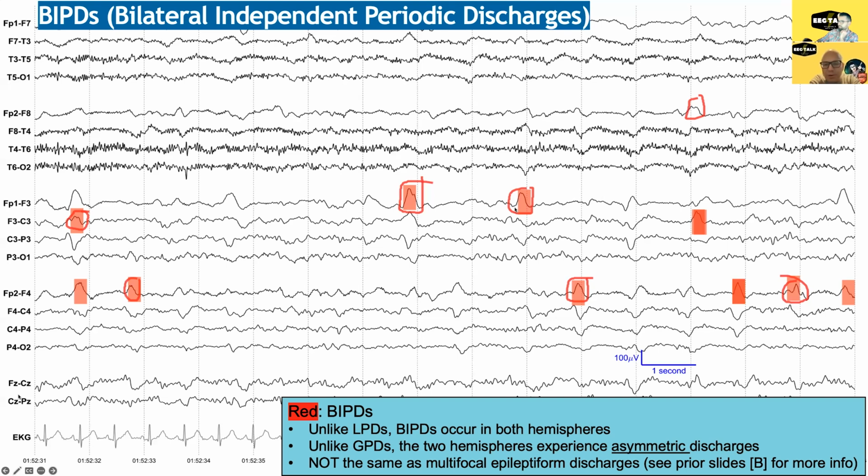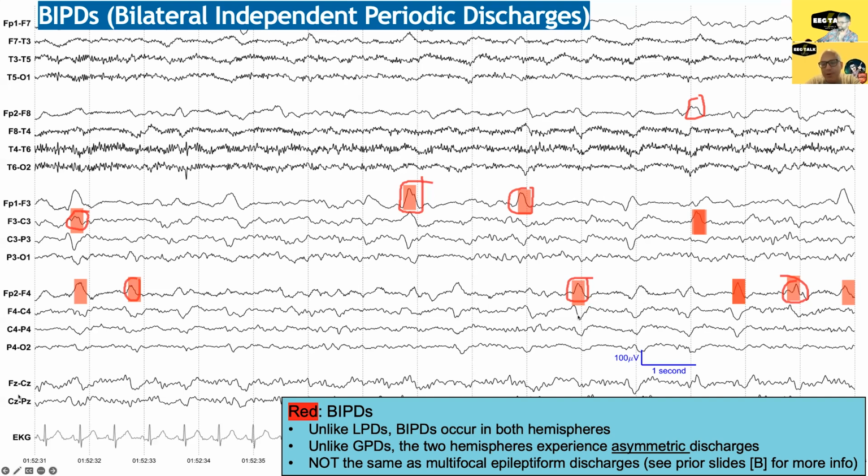Okay. That's true. And then if you go to the right, so the FP2, F4, that complex. So there, yeah, I think you can see periodic discharges as well. They maybe stop and start, but they are not always synchronized. If you look, for example, at the one, let's see, 1, 2, 3, 4 from the right. If you go 4 from the right, the red one, yeah. Go down. Right. Yeah, to the left of it. Yeah, so that one.